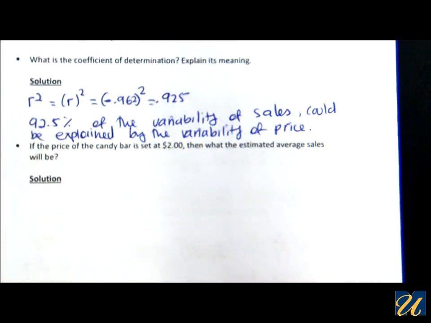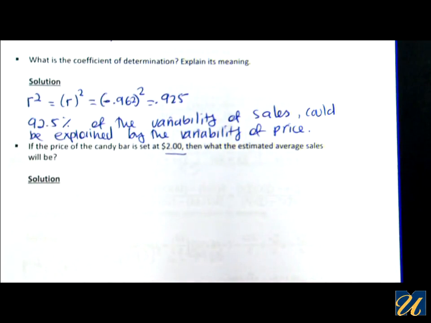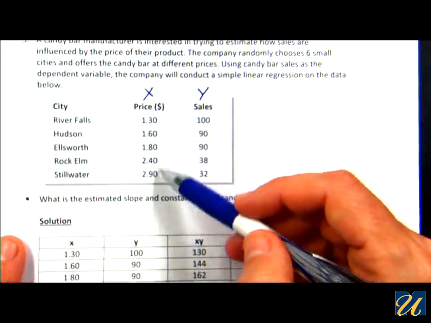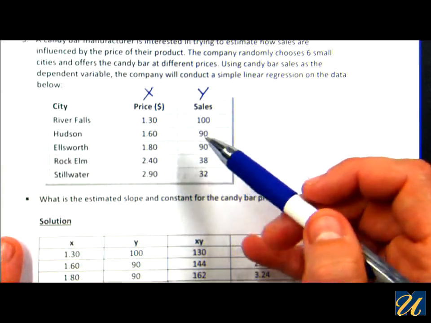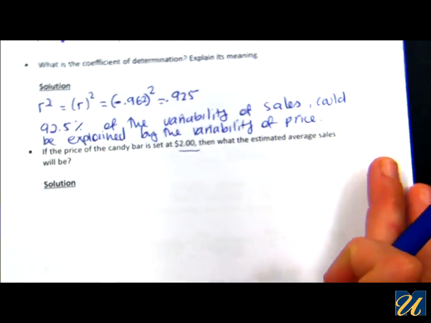If the price of the candy bar is set at $2, then what is the estimated average sales? So all we need to do is, first off, check if 2 is within range of the actual values. 2 is within range, so your x minimum is 1.3, x maximum is 2.9. So all you need to do is go back to your equation.